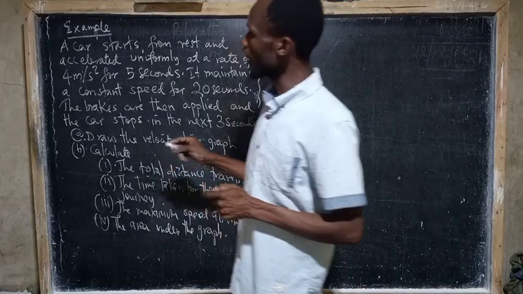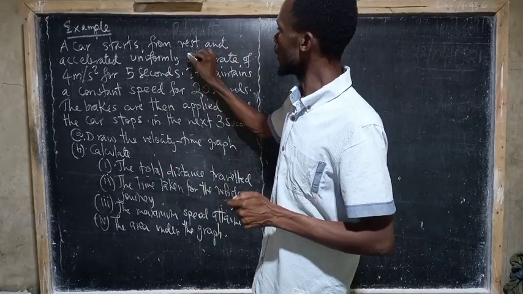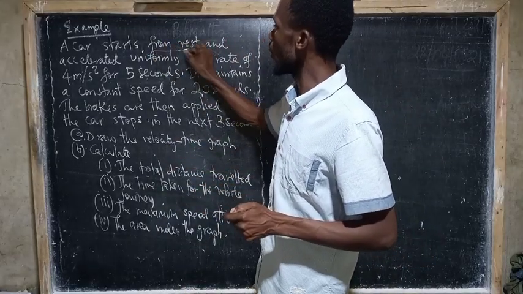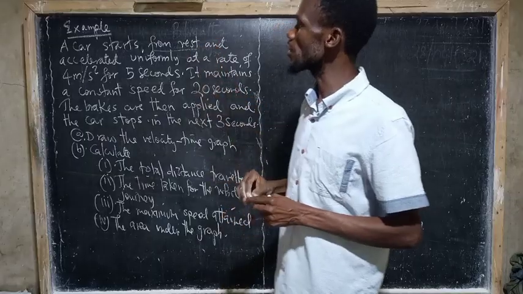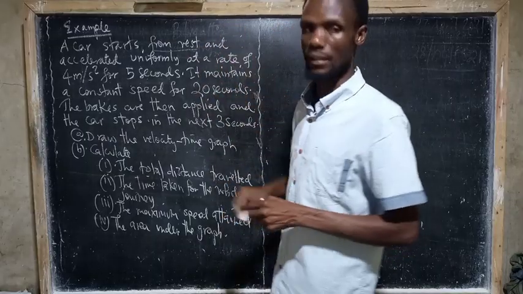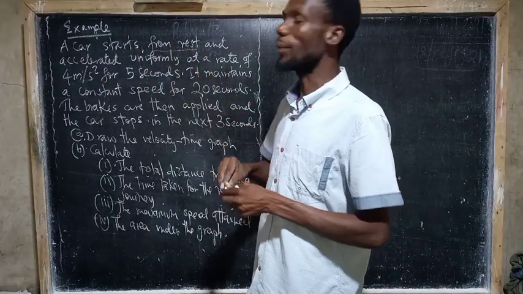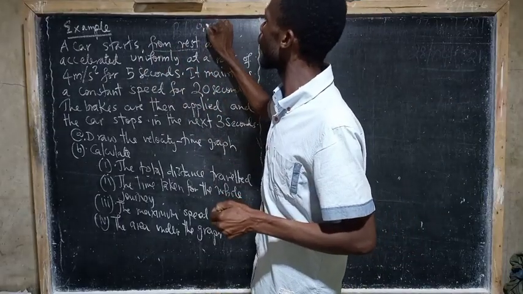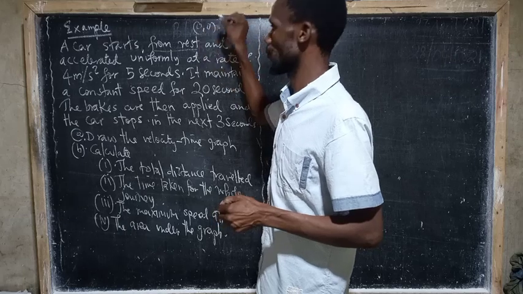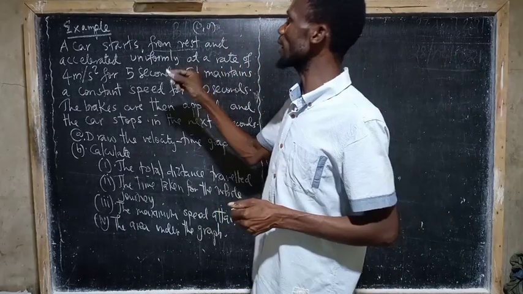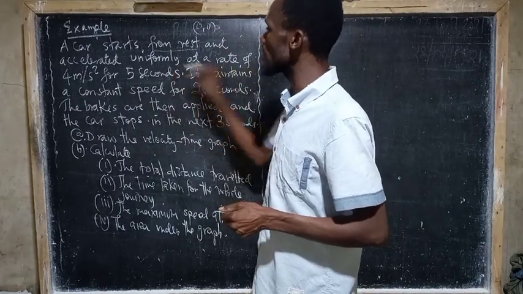If you read carefully from the question, the initial velocity was 0 meters per second. Why is it so? Because it starts from rest, which means it starts from 0,0 at the origin. Then it accelerates uniformly at a rate of this one.